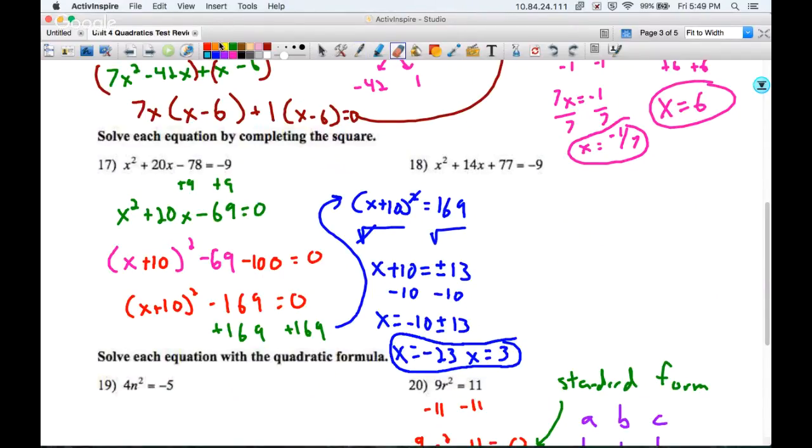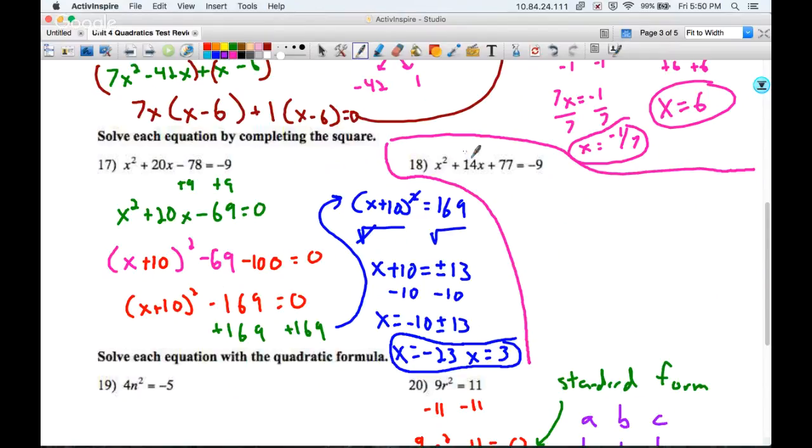18, solve by completing the square. There's a space over here for it. First thing I'm going to do is add 9 to both sides. Get x squared plus 14x plus 86 equals 0.